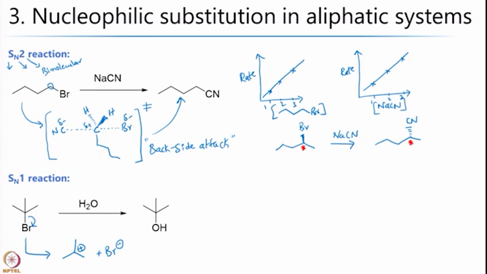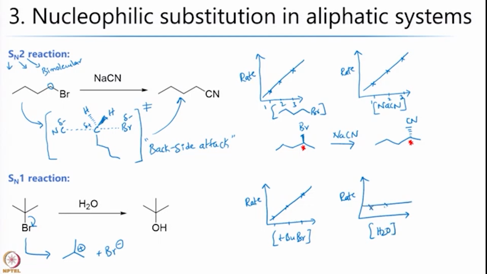And what people observed is that when they did similar studies as shown above, looking at the rate of this reaction by varying the concentration of the tertiary butyl bromide, they observed a linear relationship, whereas when they looked at the rate of the reaction as a function of the water concentration, it was independent of the concentration of the water.